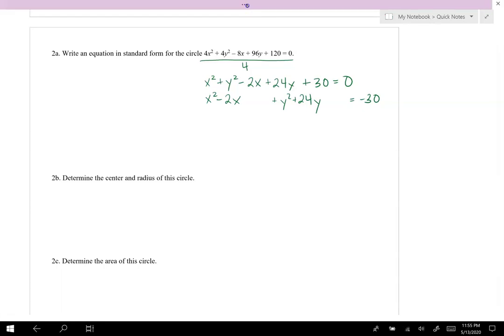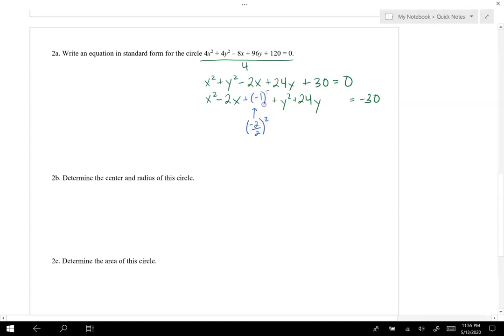And so now I'm going to complete the square. This number is half of -2, so it's -1 squared, which I have to add to this side. And then this number here is half of 24 squared, so that's a 12 squared.